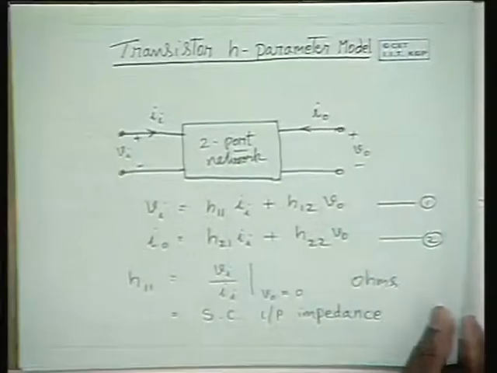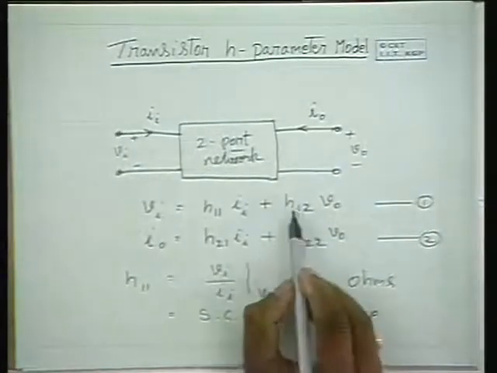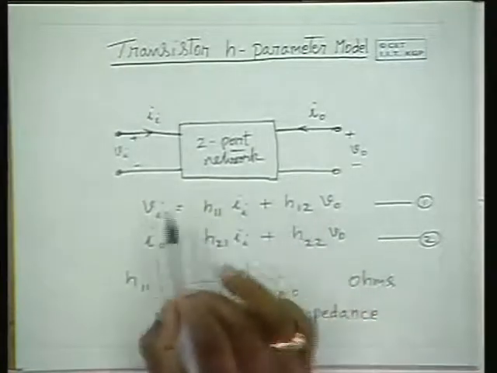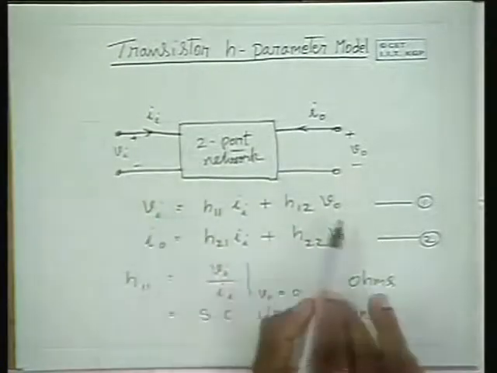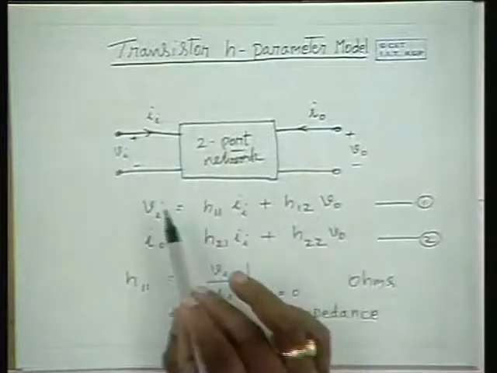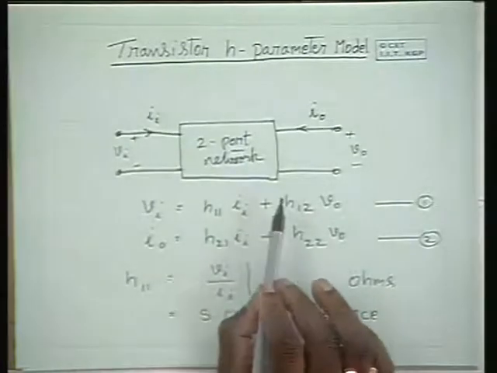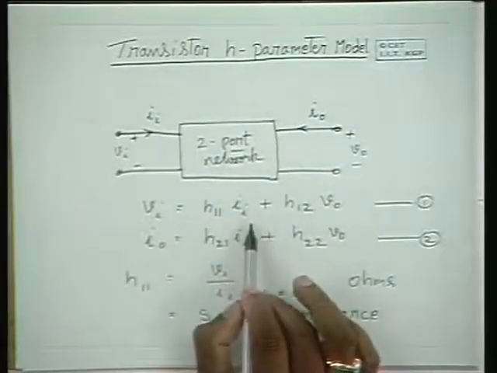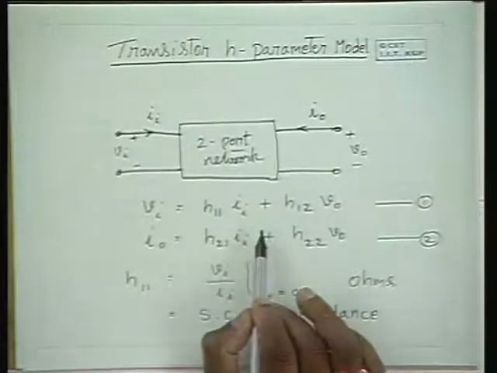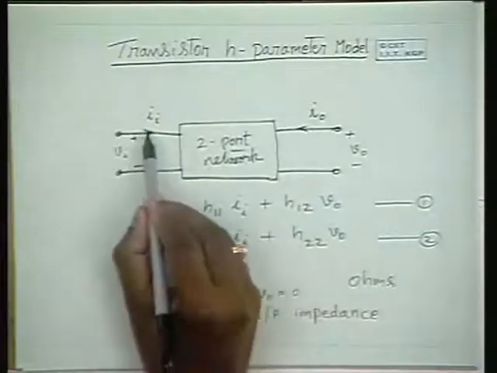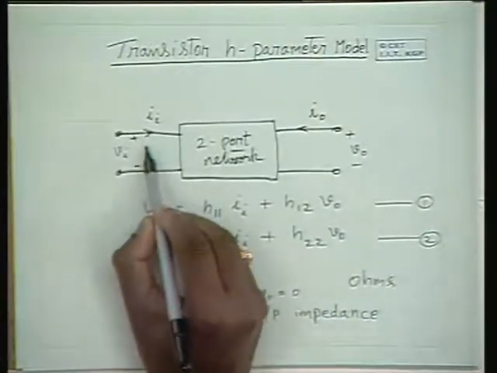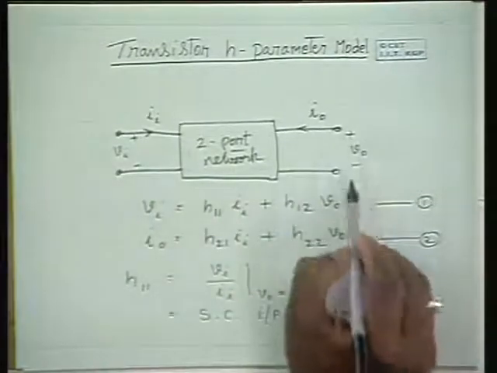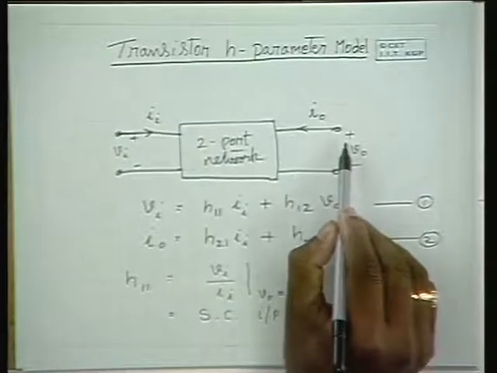Now similarly you have H12. H12 in this equation is a proportionality constant between Vi and V0, and it is equal to Vi by V0 when Ii is 0. That means when you make Ii 0, that means when you open circuit the input and excite some V0 over here at the output port.